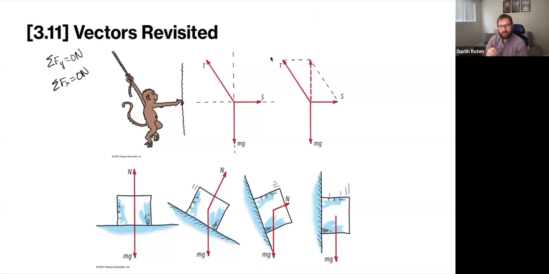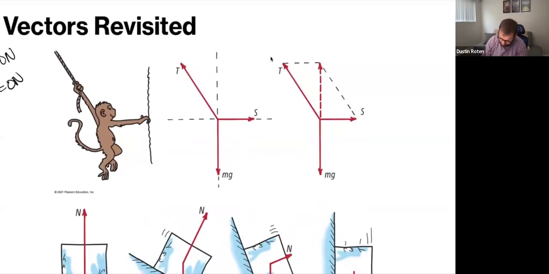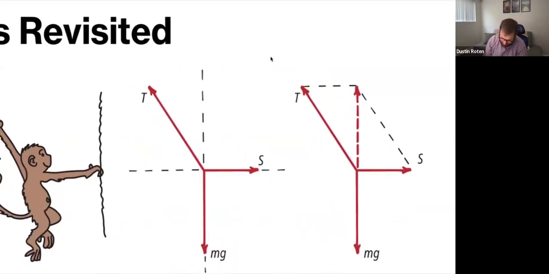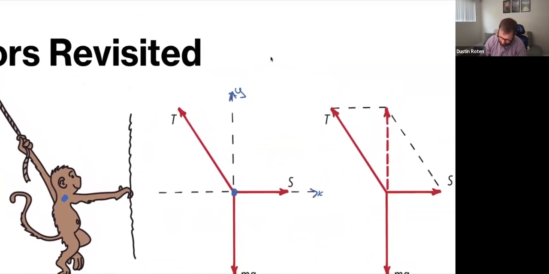Now let's map out these vectors. Okay, well, if this is our system right here, we'll just treat the monkey as a little dot here at the origin, right? This is x direction, this is y direction. Well, we have this tension.